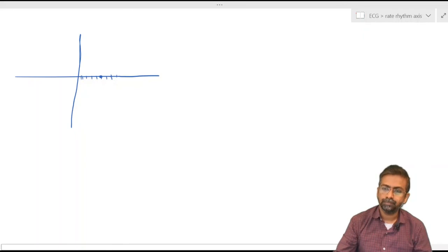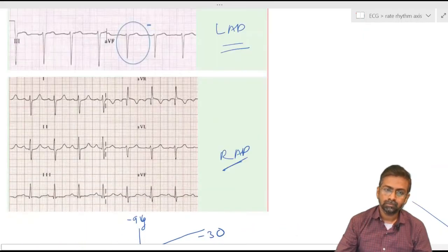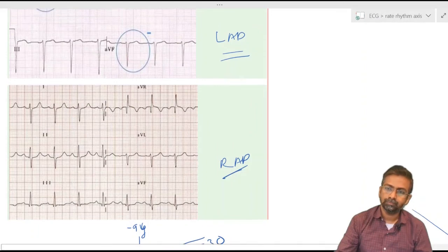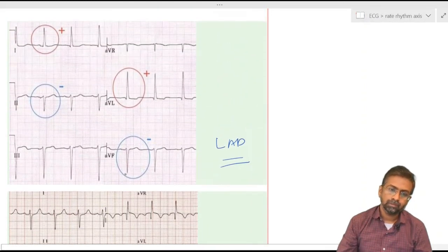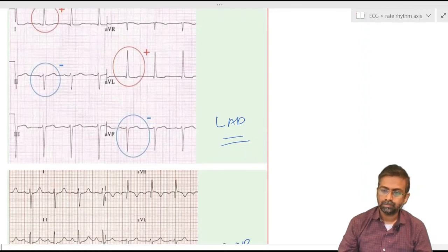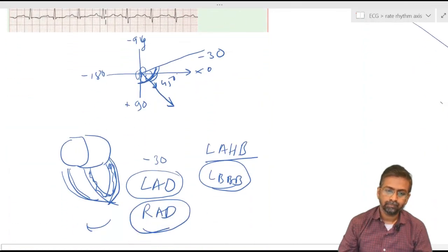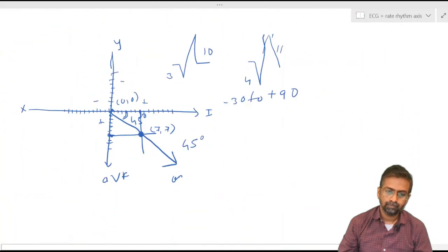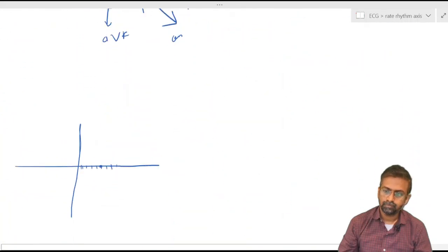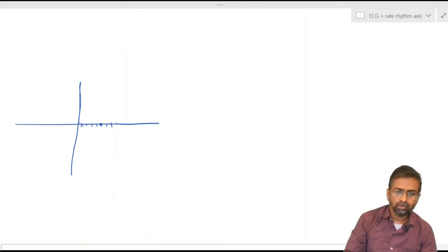Got it? In lead AVF the resultant deflection is negative, below the baseline, so when it is negative, you have to plot it on the upper part of the axis. So you have to plot it here.